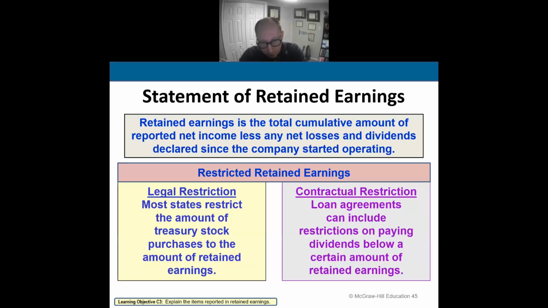For the first year, it's net income minus dividends or minus owner's withdrawals equals retained earnings. For the second year, it might be retained earnings plus net income minus dividends minus owner's withdrawals equals retained earnings.